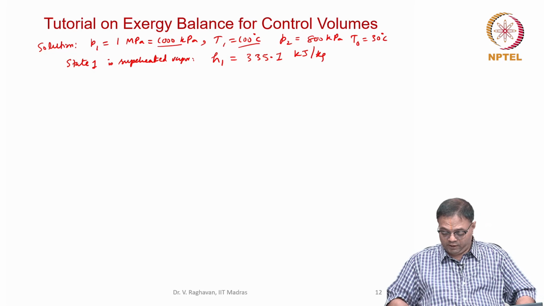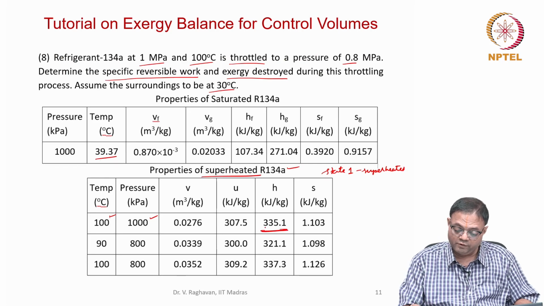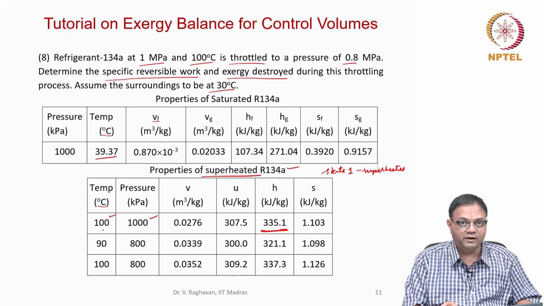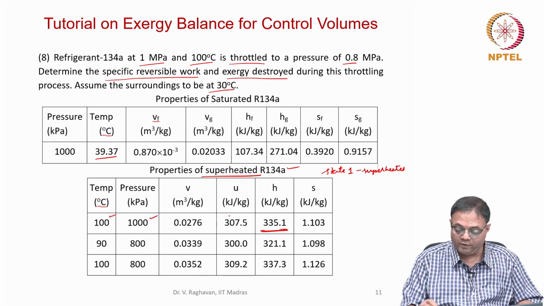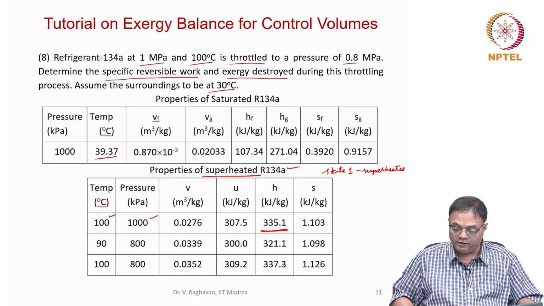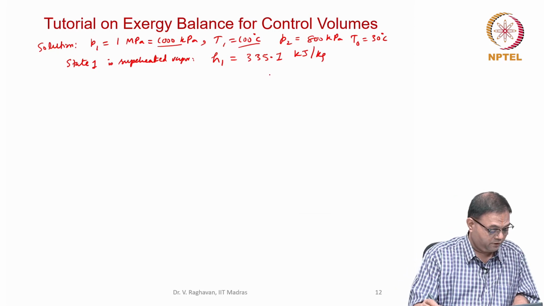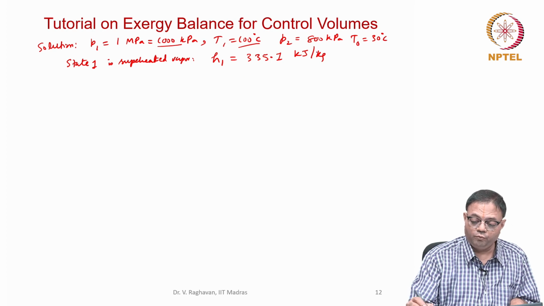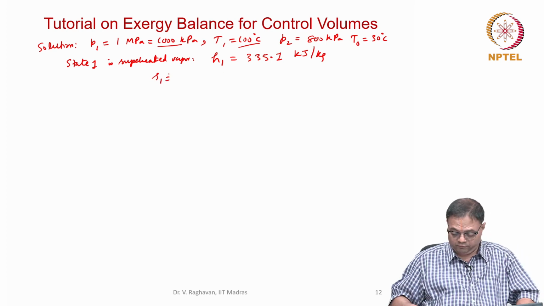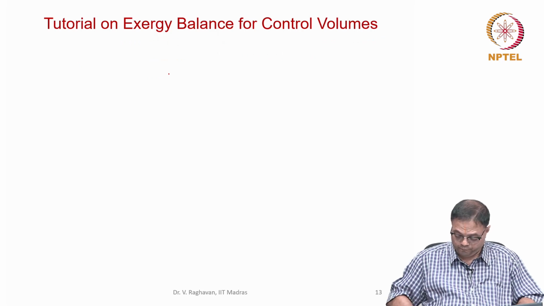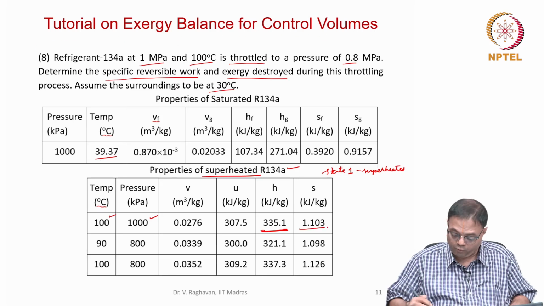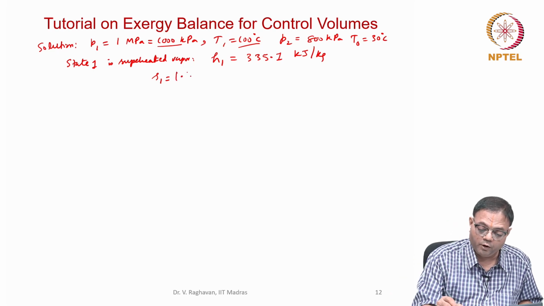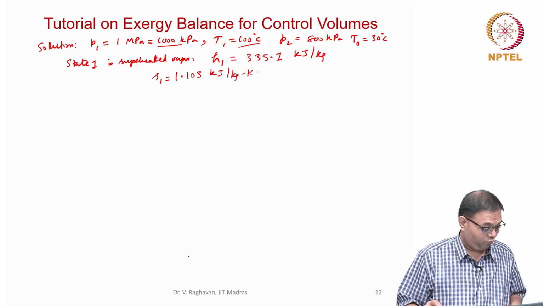If you go up, you will see that in the tables, this is the value for a temperature of 100 degrees and 1 megapascal, or 1000 kilopascals; the corresponding H value is 335.1 kilojoule per kg. Again, we will also take the value of S1 from the tables, so here 1.103 kilojoule per kg Kelvin. So, that is the S1 value.